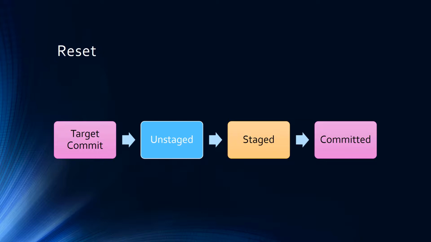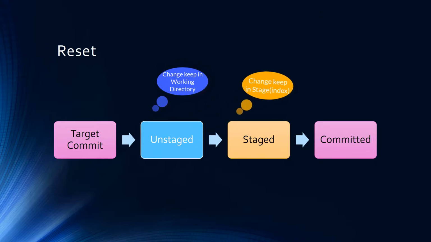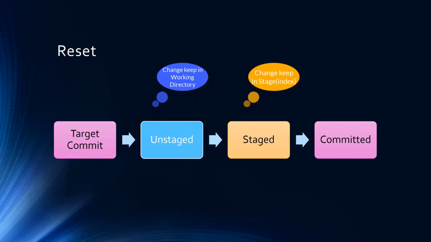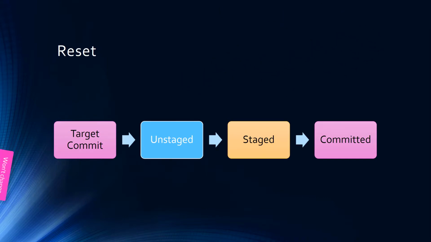As we all know now, between 2 commits, actually there are 2 other stages. That is the unstaged stage and the staged stage. The unstaged stage will keep the changed file in your working directory, while the staged stage will keep the changed file in cache. Neither of the 2 stages changes the files in commits.